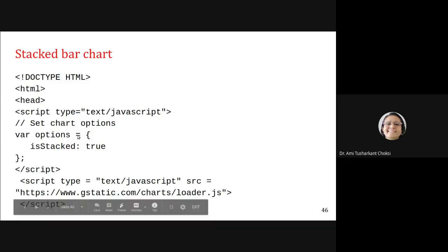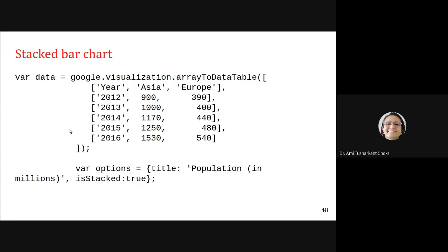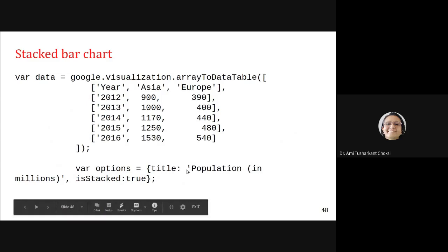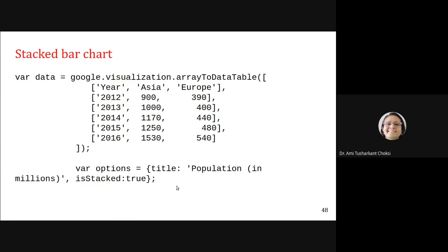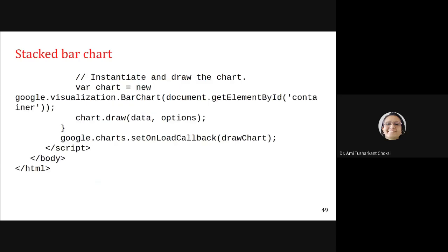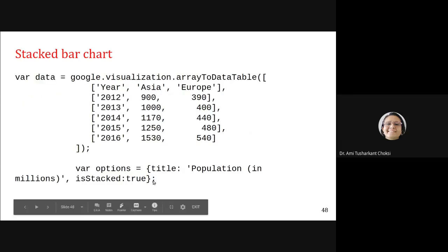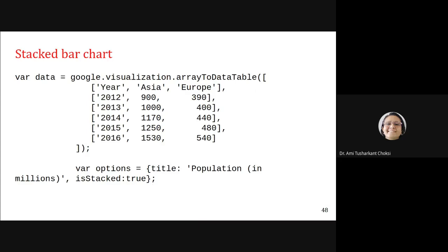If you do not want to specify the title, you can write it like this. If you want to specify title and stack, you can specify it this way: title colon population in millions, comma, isStacked true, as we want to have the stacked bar chart. If you haven't specified it, then you cannot have the stacked bar chart, right?